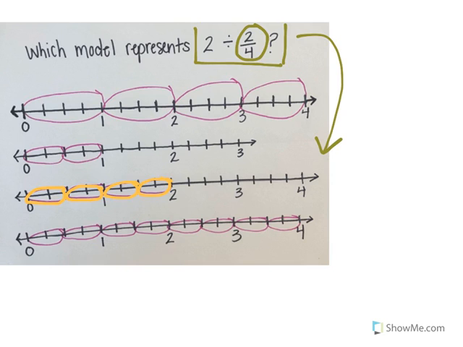I know these are groups of 2/4 because the scale of this number line is 1/4. So if there are 2 tick marks covered in the group, that means 2/4 are covered. So my group size is 2/4, and then I see that I'm finding how many groups of 2/4 fall between 0 and 2, meaning 0 to 2 shows me that my dividend is 2.